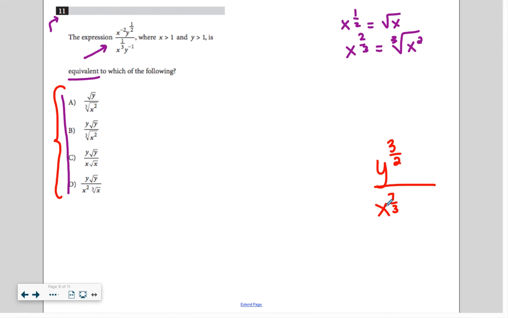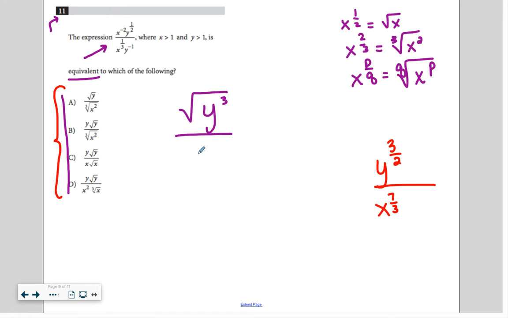And so we can take that idea and remember that it's x to the p over q, so the qth root of x to the p. All right, so how can I use that? Well, y to the 3 halves would become the square root of y cubed.